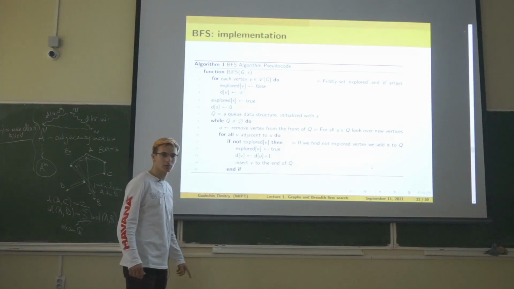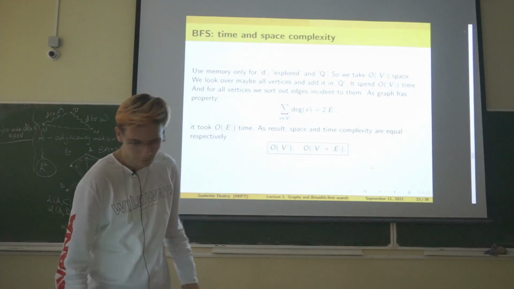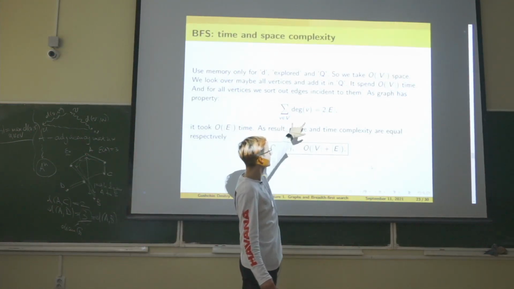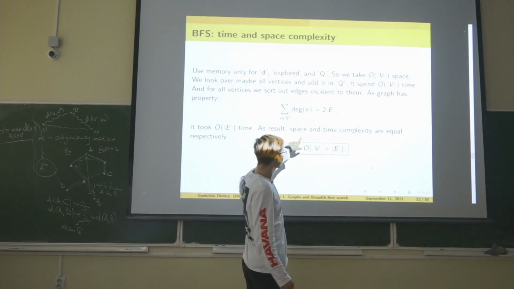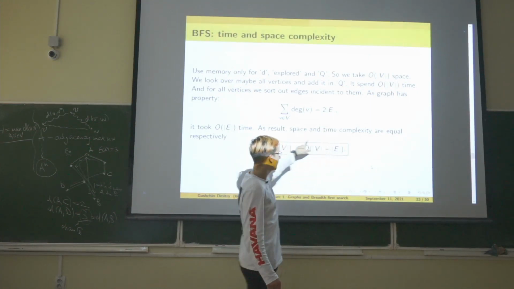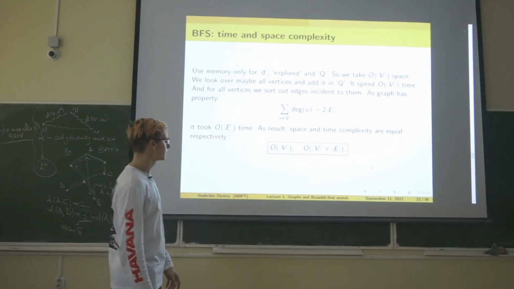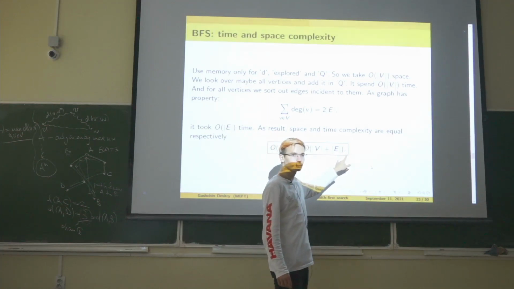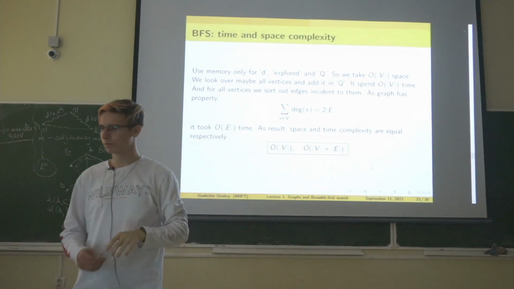Then we know that the sum of degrees equals twice the number of edges. And so we say that the upper bound for our algorithm is equal to the sum of the number of vertices and edges. Understandable? Any questions?